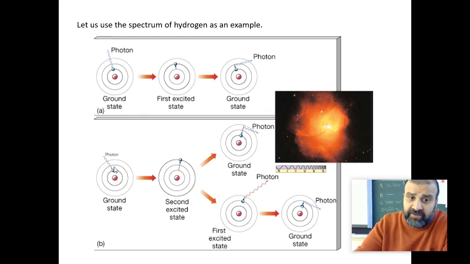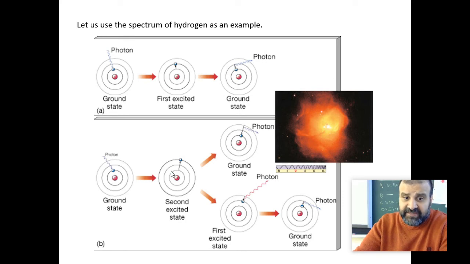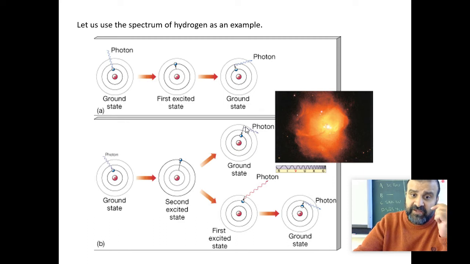In this example here, a photon of light hits the hydrogen atom and excites the electron, but it had enough energy to jump 2 orbits. When it falls back down to ground state, it can do that in 2 ways. It can fall all the way back, emitting the same wavelength of light that struck it to make it jump 2.